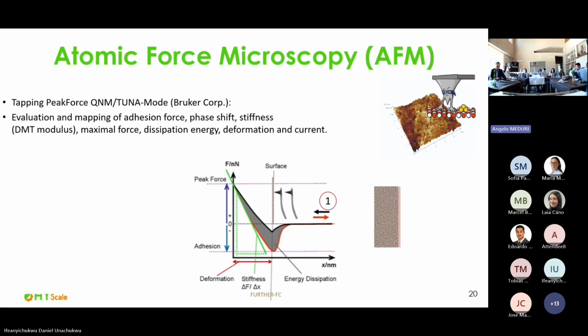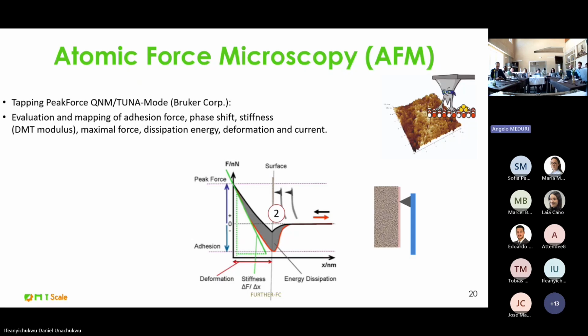And at each point you get the phase shift, adhesion, stiffness, dissipation, deformation, and also electronic conductivity if you use electronically conductive AFM. So with the AFM tip, then at point 2, there's the snap.